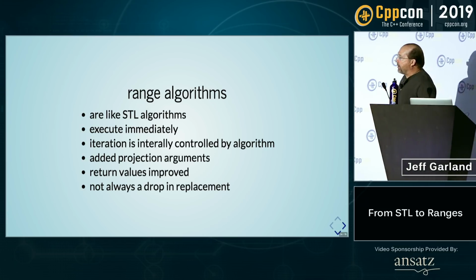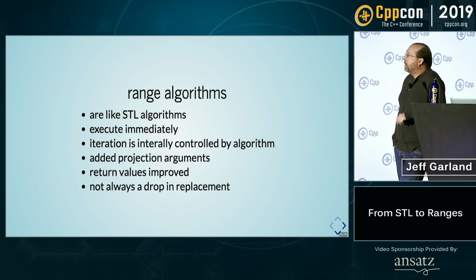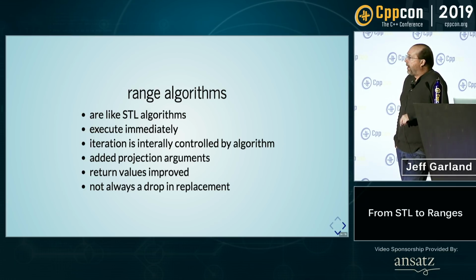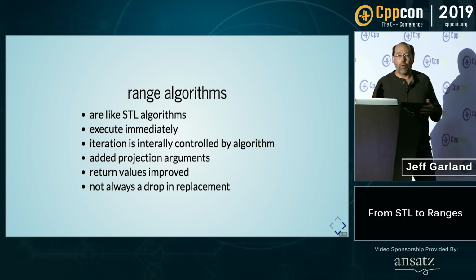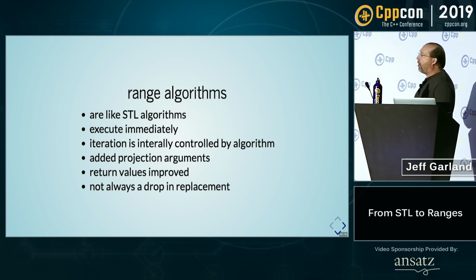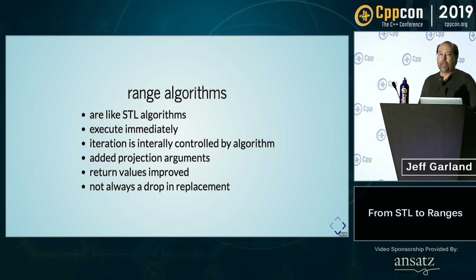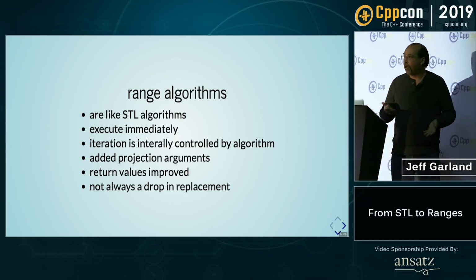So the range algorithms, as mentioned, are very much like the STL algorithms. And if you think deeply about algorithms for a minute, you'll realize that one of the properties of these algorithms is that when you call them, they execute immediately. There's no waiting. They execute exactly when they're called. And internal to the algorithm itself is where the iteration is called and controlled.